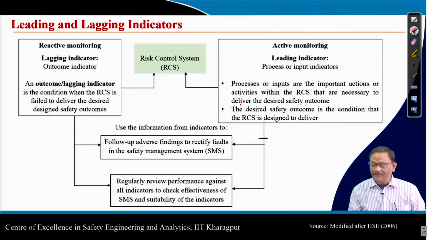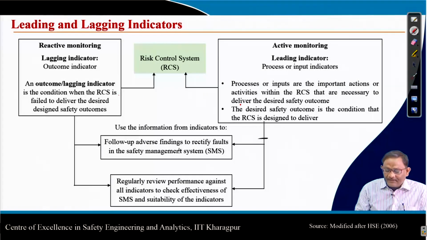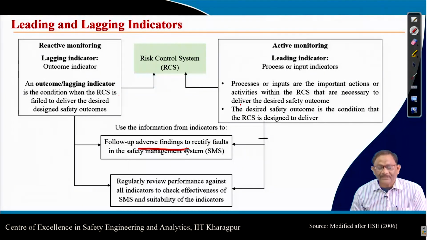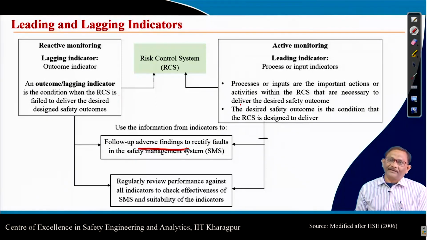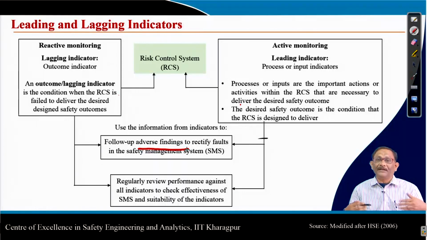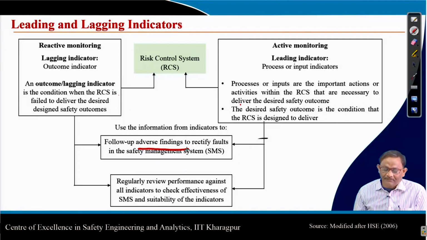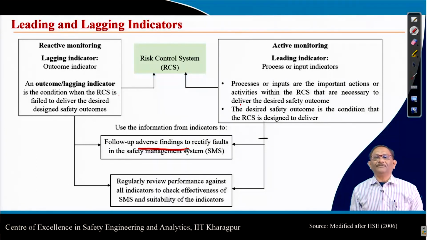At the same time, you must have a set of useful leading indicators. Then you see, with reference to the indicators for a particular RCS, what adverse findings are happening, and rectify them. Then the safety management system will be data driven and continuously adaptive towards improvement. It is some kind of intelligence in the safety management.